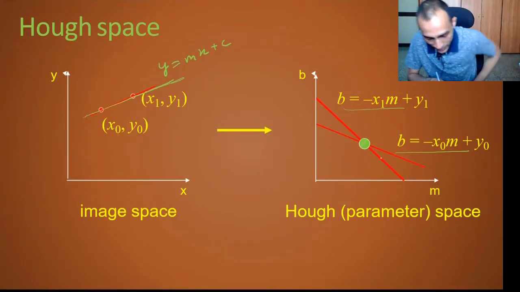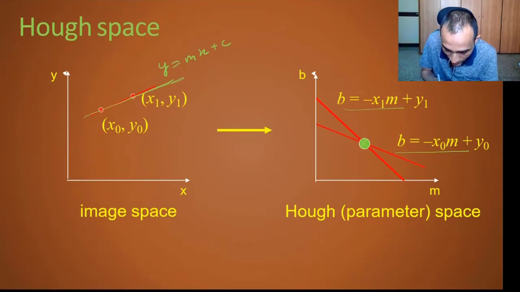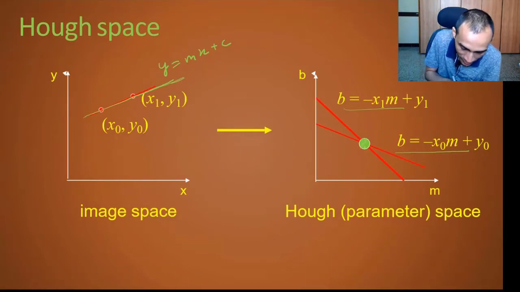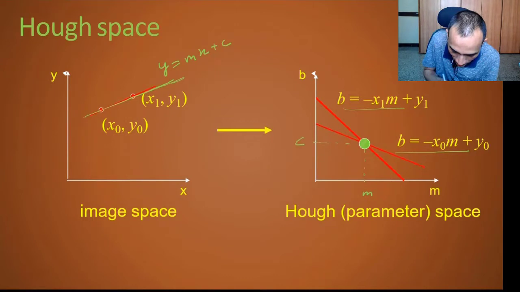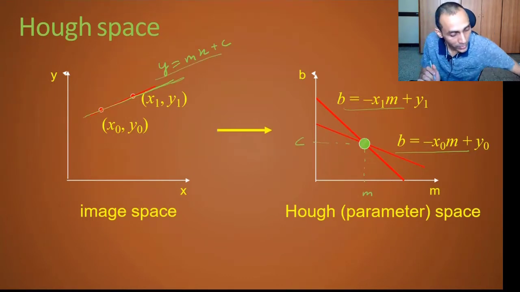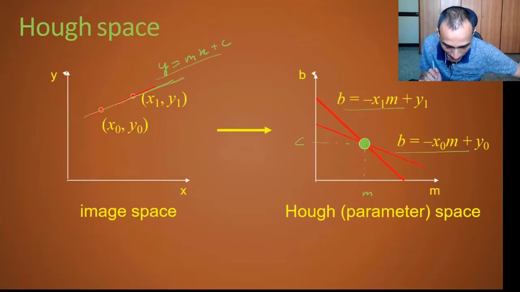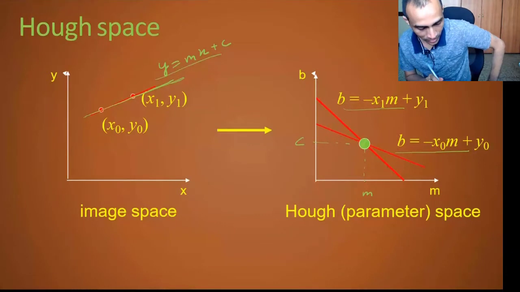So the intersection point of these two lines in the Hough space will correspond to the straight line equation there. So the slope value here and the intercept here will define the straight line equation in this case, isn't it? So that is the basic idea.